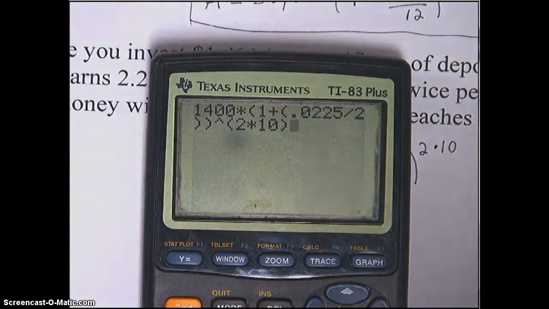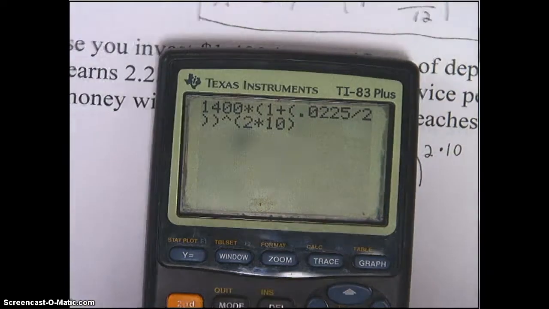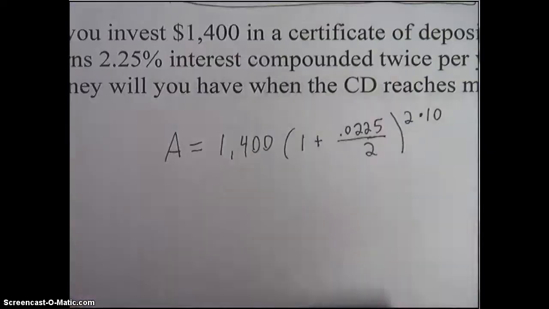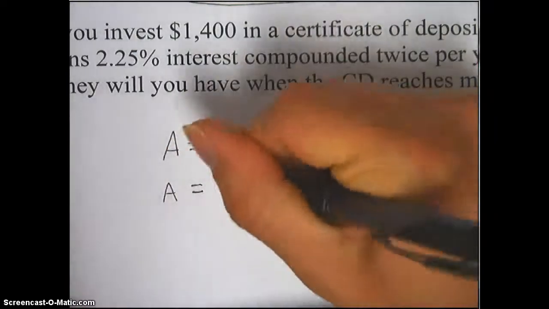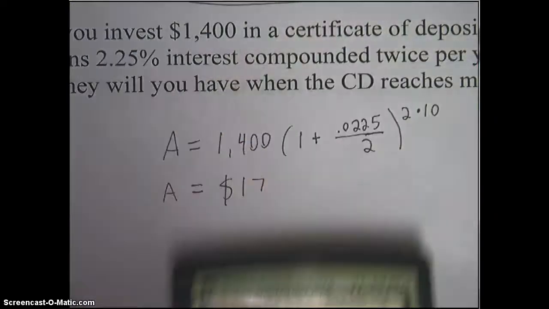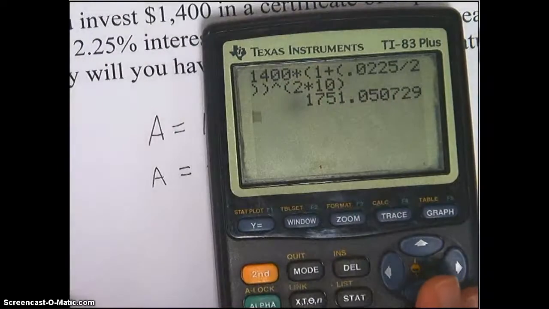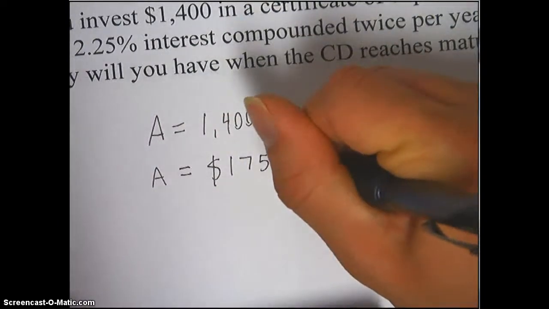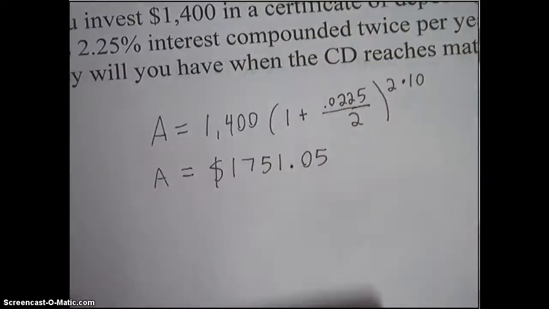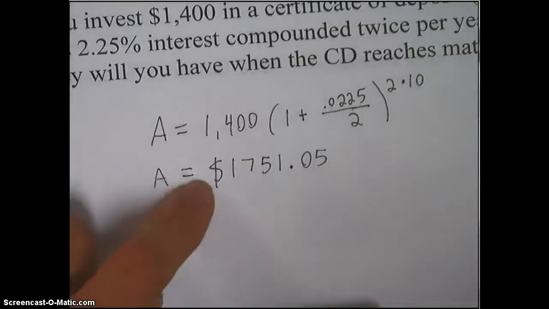So when I hit enter here, I should know the amount that you're going to have after the 10 years of maturity. The amount is going to be $1,751.05. And don't forget your units there, so you'd want the dollar sign.